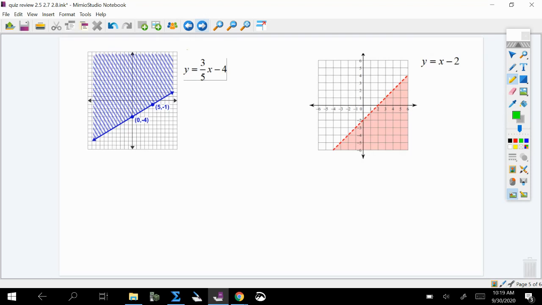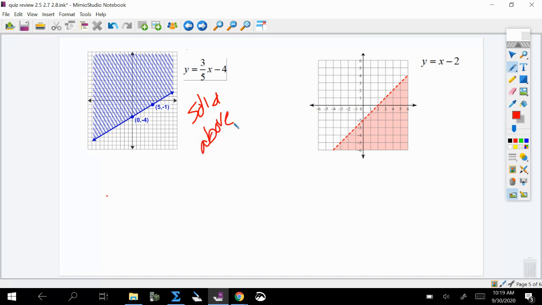Finally, the last thing you're going to be asked to do is, given a linear inequality graph, given a boundary line equation, see if you can write the correct inequality. So the first thing you want to do is look at the line and see, is it solid or dotted, and where is it shaded? So if you look at this first example, it is a solid line and it is shaded above.